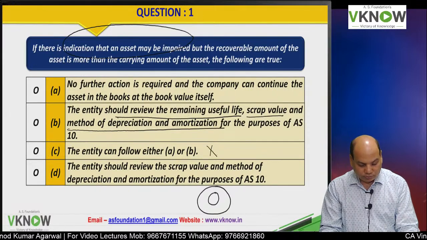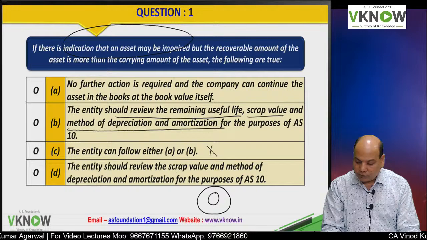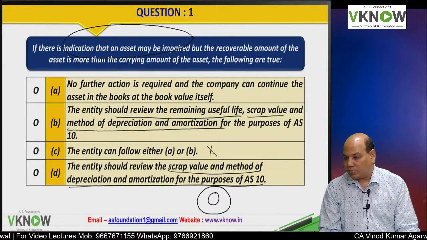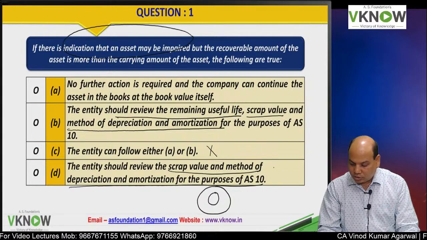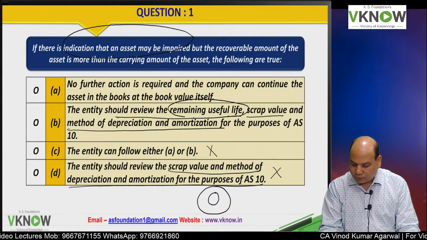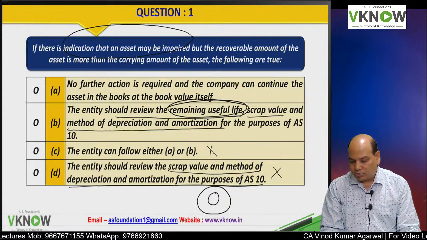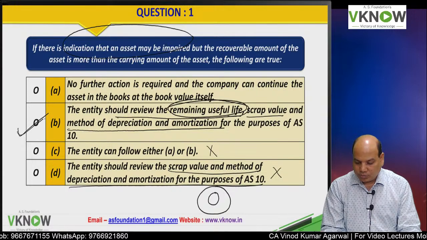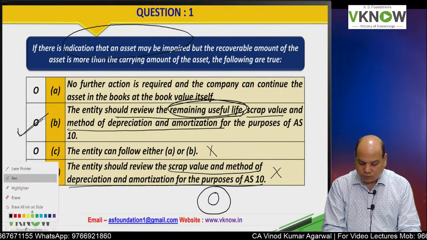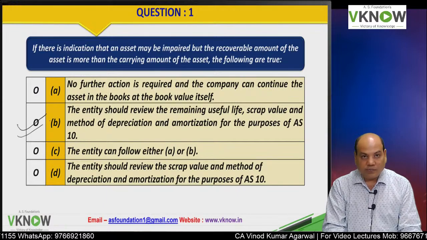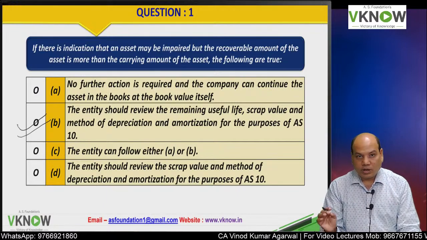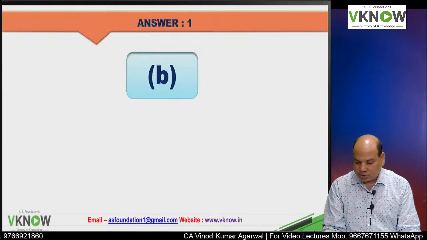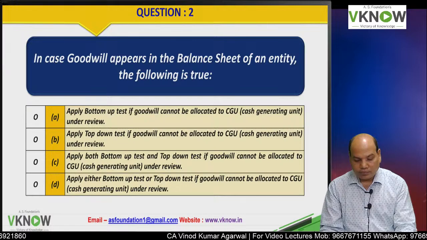The entity should review the scrap value and method of depreciation and amortization for the purpose of AS 10. This is not true, because the entity will also have to review the remaining useful life. So the best answer out of the 4 is option B. When there is an indication of impairment, even if the asset is not impaired, one has to review useful life, scrap value and method of depreciation. Option B is the right answer.